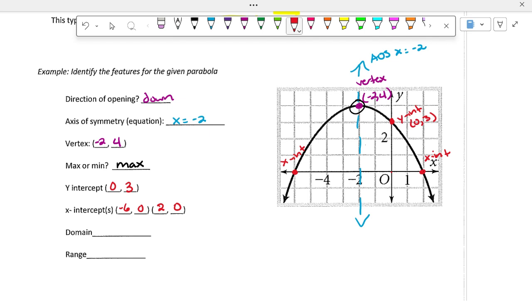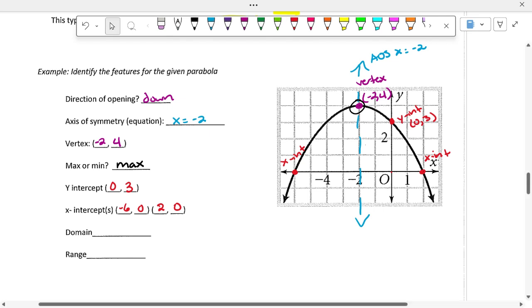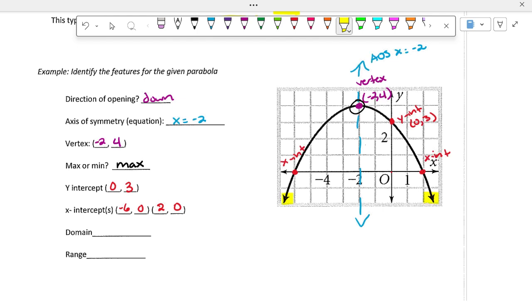Now, domain. So we're going from lowest to highest x value. So what is my lowest most x value? And remember, look at the ends of the graph. We do have arrows here. So what do you think my lowest most x value is, Dylan? If I look from left to right and I have arrows here, what do you think my lowest x value would be? So we'll keep going on forever to the left because of the arrows?